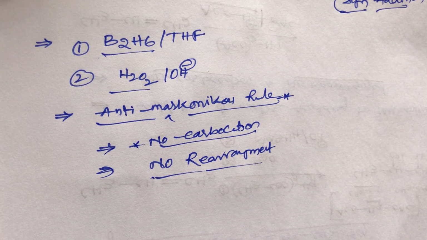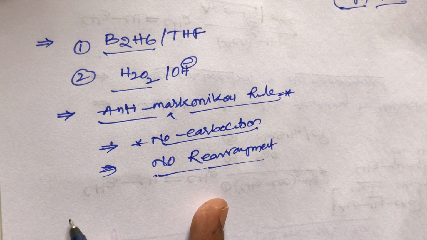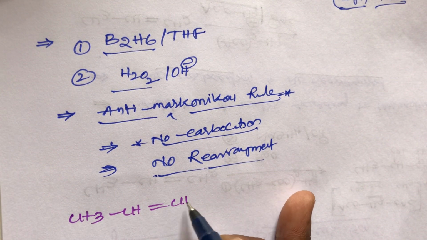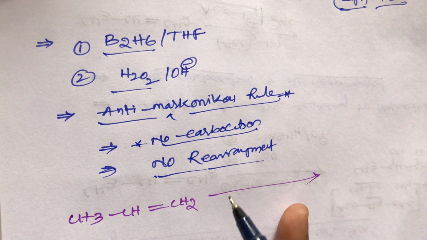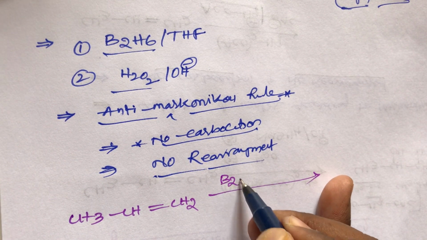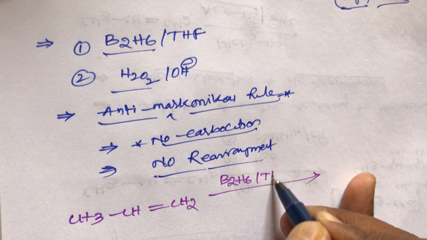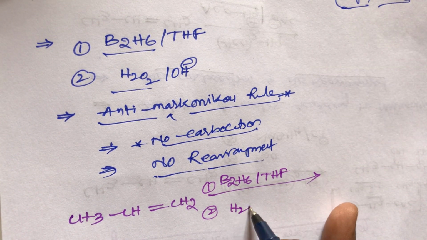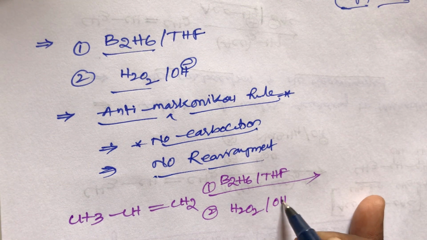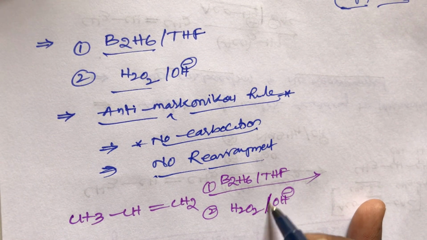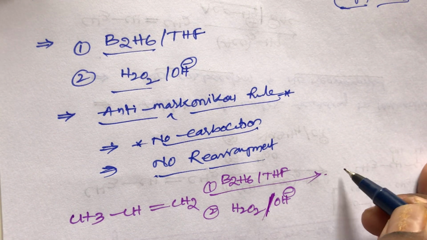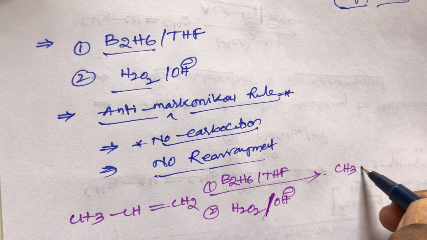Now take the example, same thing here also, that is 1-propene, CH3, CH double bond CH2, in the presence of B2H6 by tetrahydrofuran, the first reagent, and the second reagent is hydrogen peroxide in the presence of OH minus base. We get what is the final product, student?